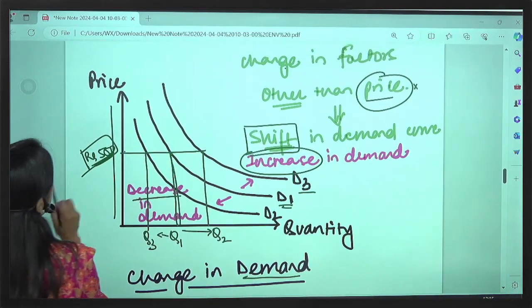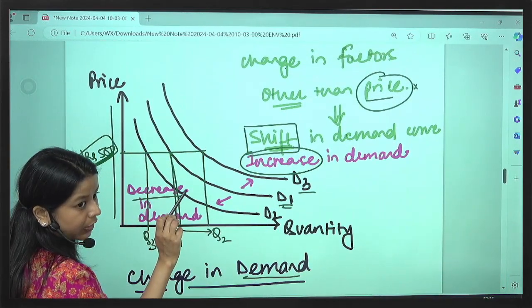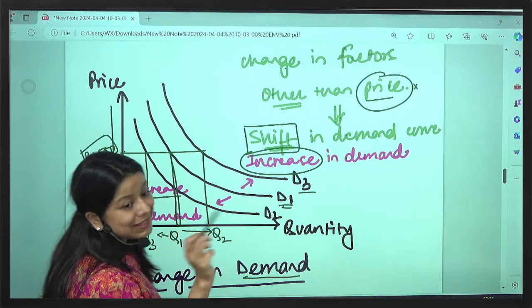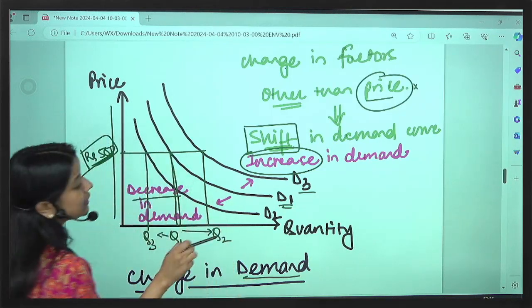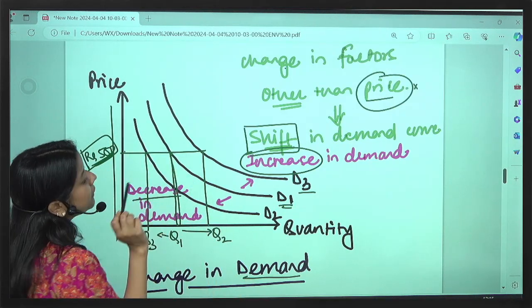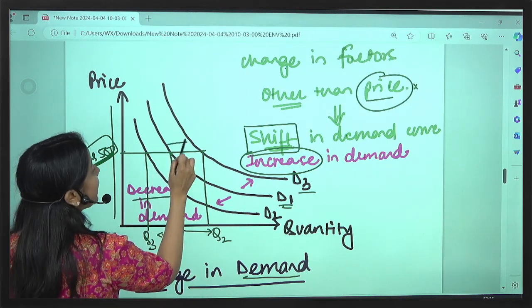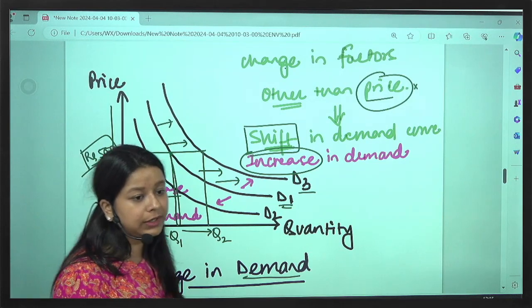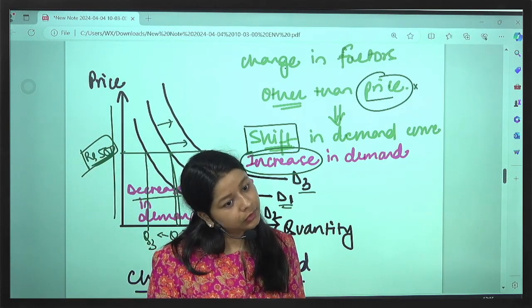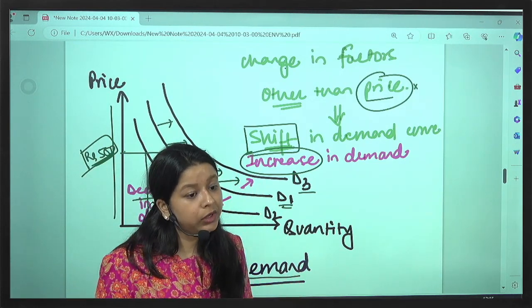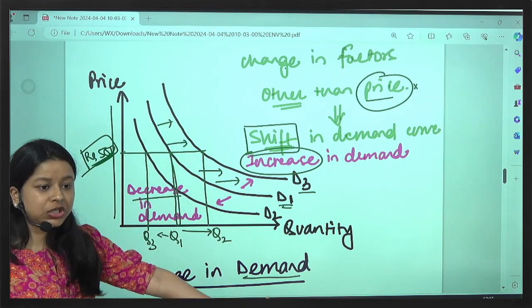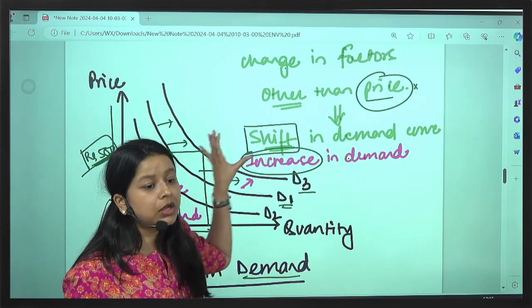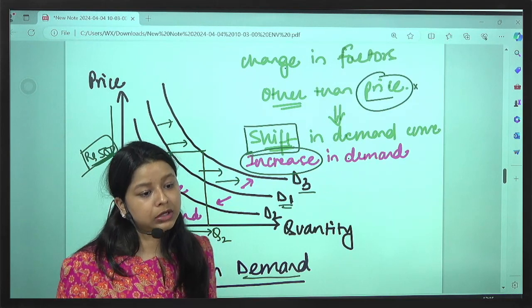I said that my income is constant. My price is constant. My income is increasing. If my income is increasing and the price is constant, I will increase the demand of the particular commodity. Okay. This is known as what? Change in demand, increase in demand, shift in the demand curve.